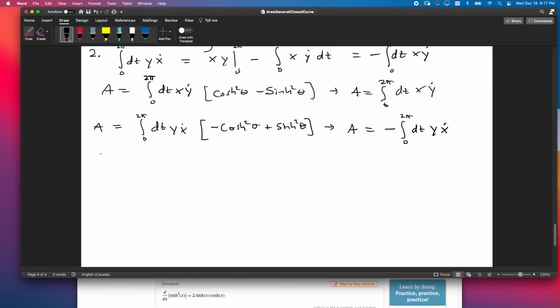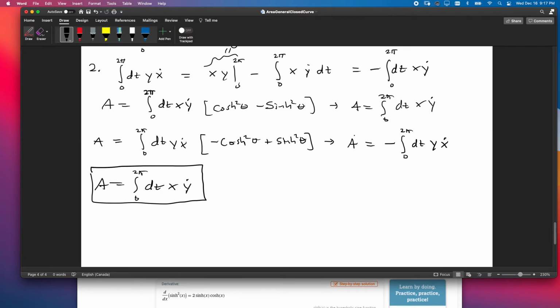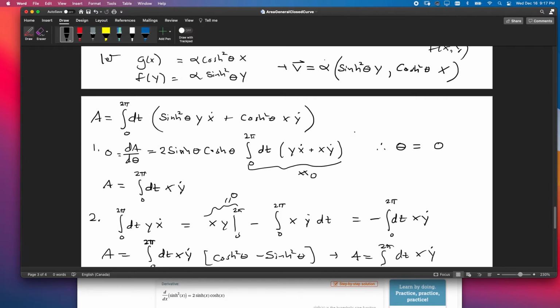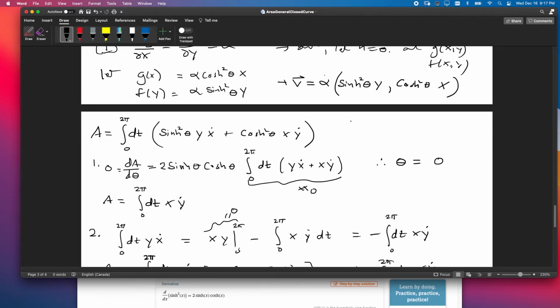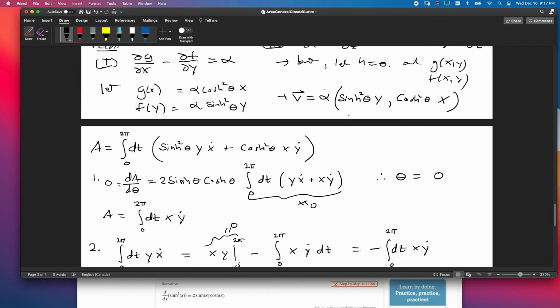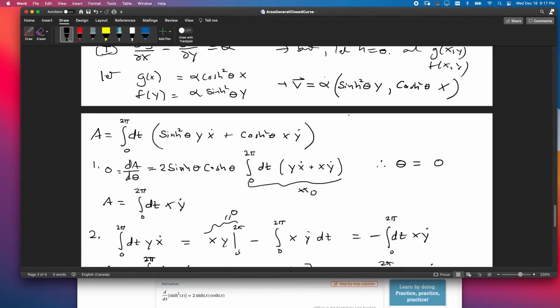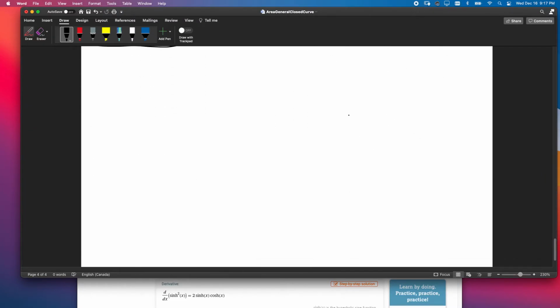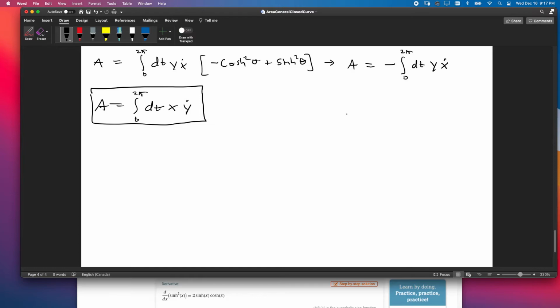But the point is that the area is equal to the integral from 0 to 2 pi dt x y dot. Okay, so then, yeah.